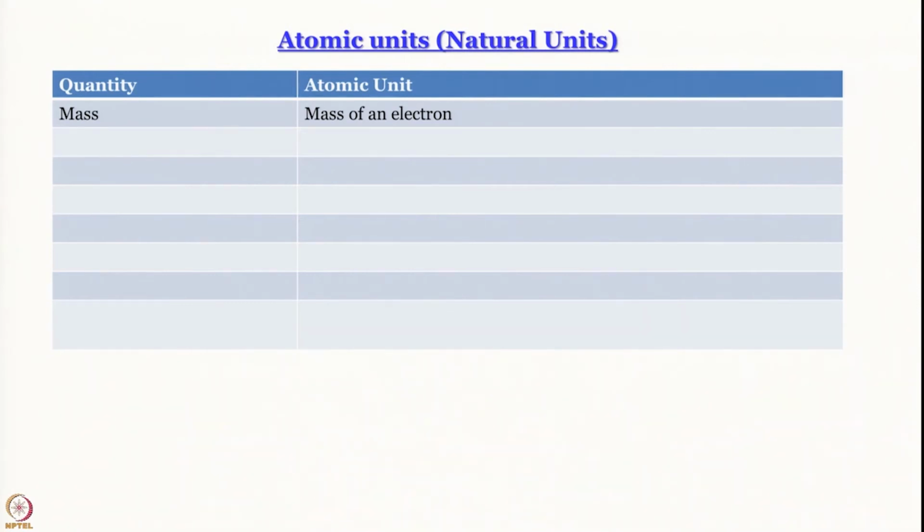Actually, that also is a ratio. When I use atomic units, what I am doing essentially is dividing the mass of any object that I am handling by the mass of an electron and representing it in units of electronic mass. Similarly, charge is represented as units of electronic charge.